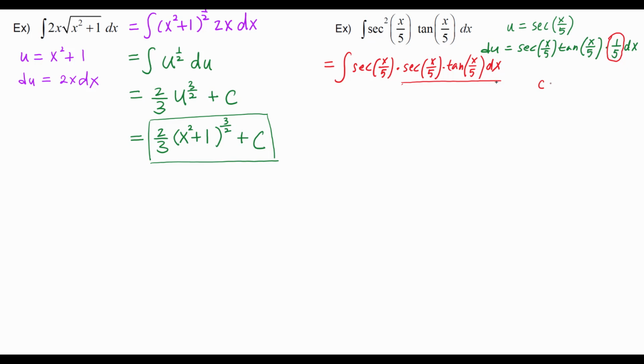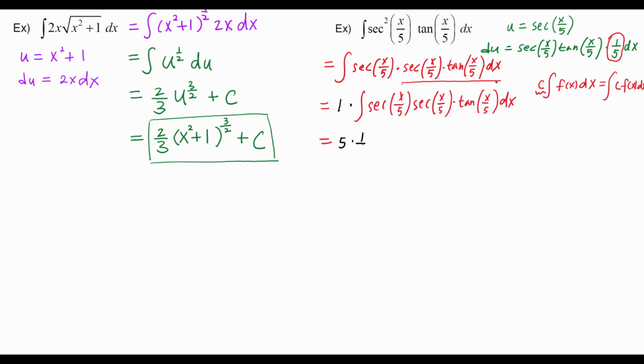Remember, c times the integral of f of x dx, as long as c is a constant, is equal to the integral of c times f of x dx. You can pull it out, that means you can pull it in. I'm gonna multiply this integral by 1, which doesn't change anything, and that 1 is 5 times 1 over 5. I multiply by 5 and divide by 5, that's 1, right?